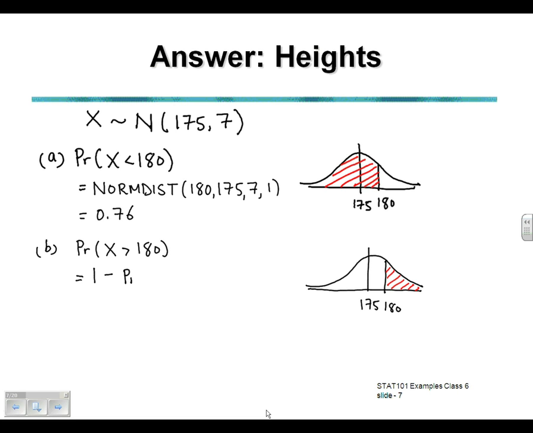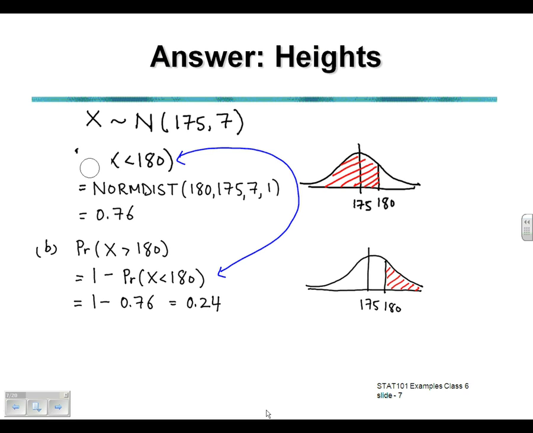So using the complement rule, the probability that x is bigger than 180 is 1 minus the probability that x is less than 180. Using the answer from part A, 1 minus 0.76 comes out at 0.24. Again, you can use Excel to get that value, but we can use part A in this example.